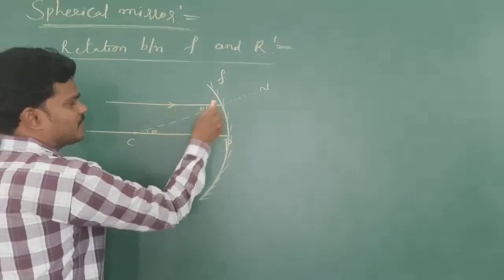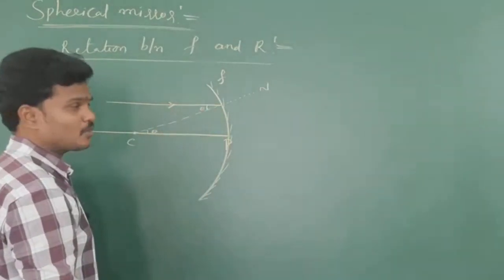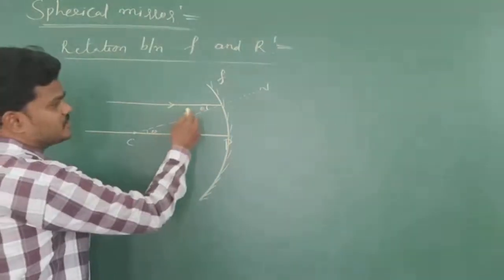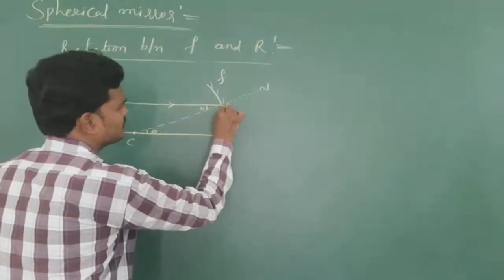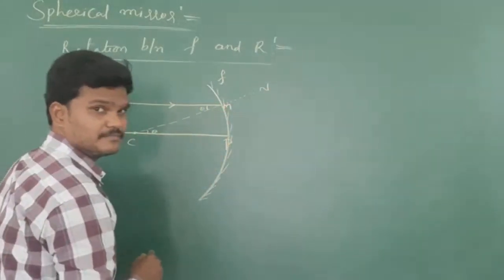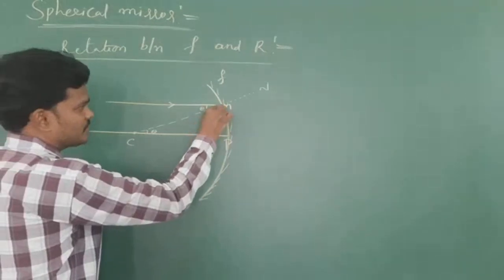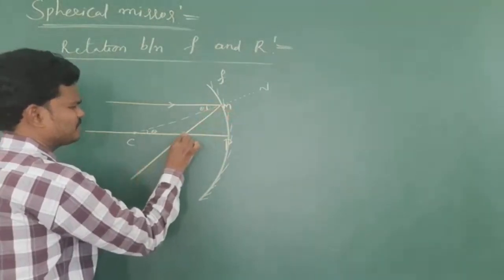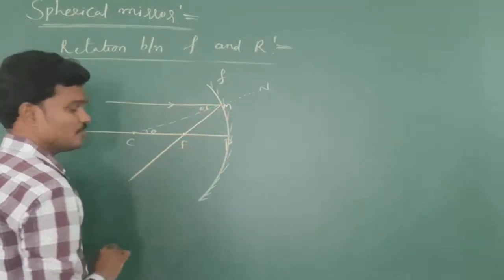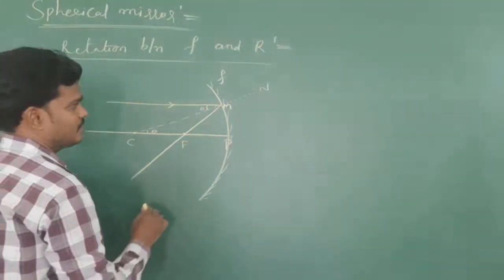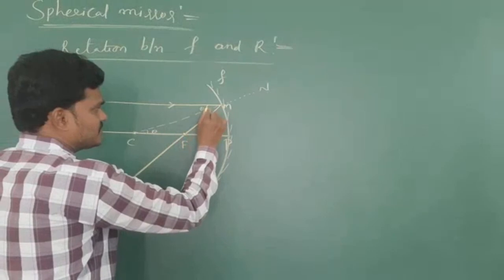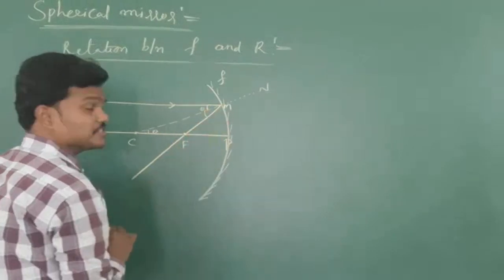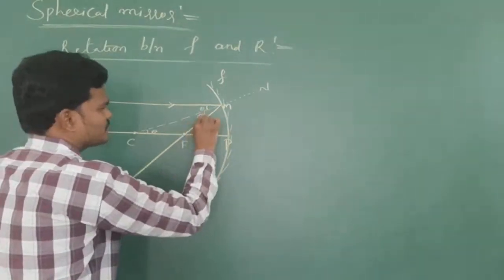As the parallel beam of light strikes the mirror, it undergoes reflection. It is incident on the mirror at this point M with an angle of incidence theta. After that it undergoes reflection, and no doubt it passes through the principal focus. If the angle of incidence is theta, according to the law of reflection, the angle of reflection is also theta.